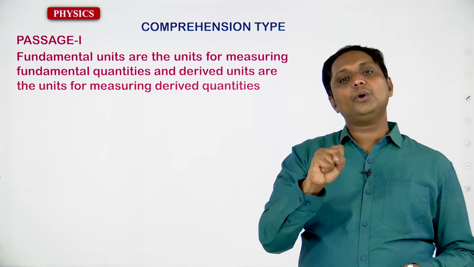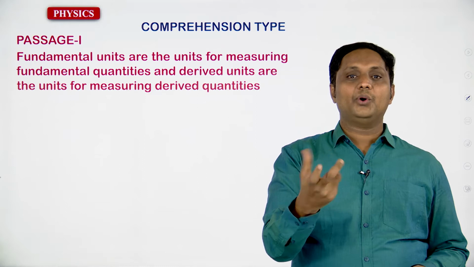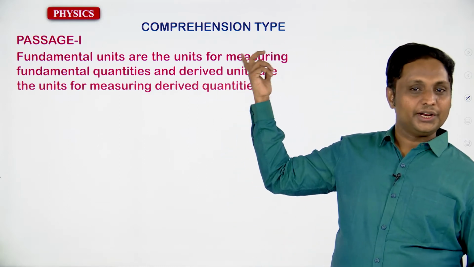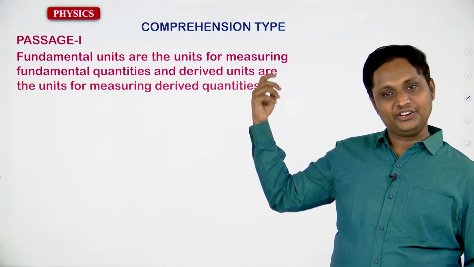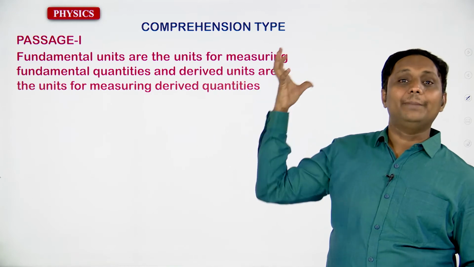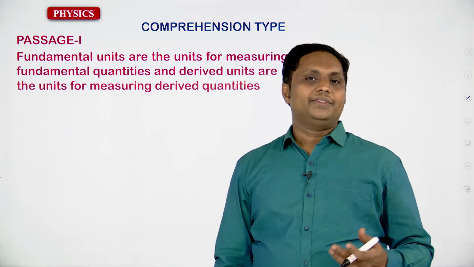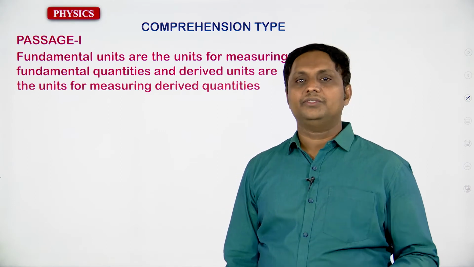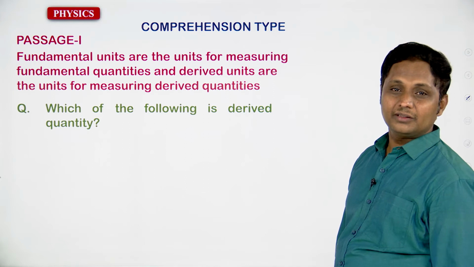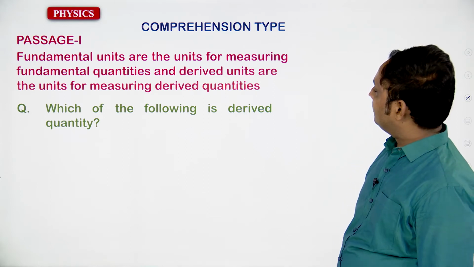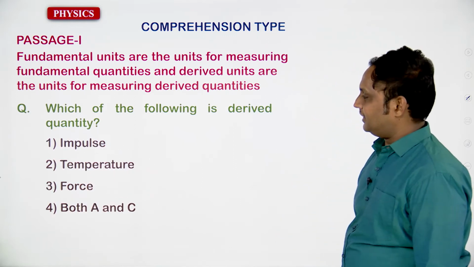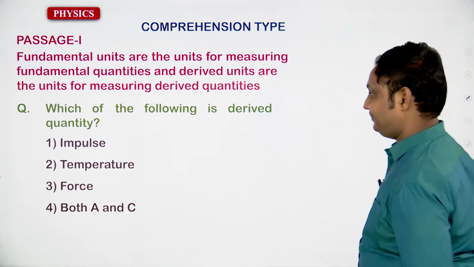Okay, if you want to express the derived quantity in derived units, like the Newton, it is a derived unit, dyne, it is a derived unit, but all these depend on the base quantities like mass and length and time. So, they are going to give that question: which of the following is a derived quantity? Let us see that.